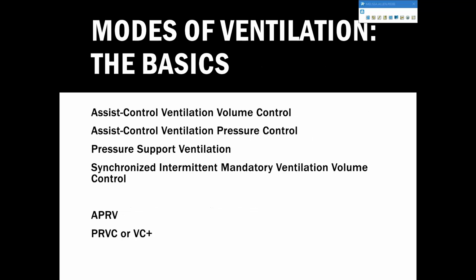All right, let's go into basic modes of ventilation. So assist control just means is every single breath controlled by the number we put in there? So we can do assist control in volume, which we usually do, or we could do assist control in pressure. You know, pressure support is obviously a completely spontaneous mode, but most of the time we use pressure support with our SIMV.